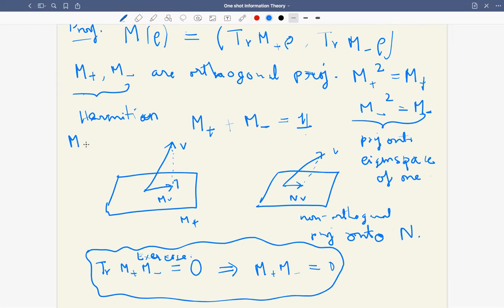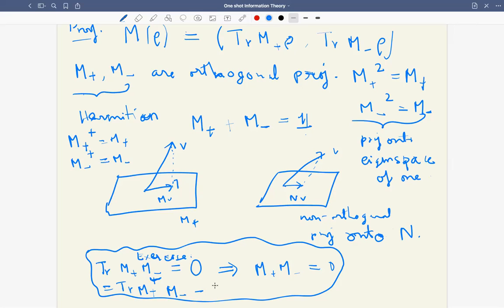So you can very validly think of trace of m plus m minus as an inner product, and indeed this is equal to trace of m plus dagger m minus.